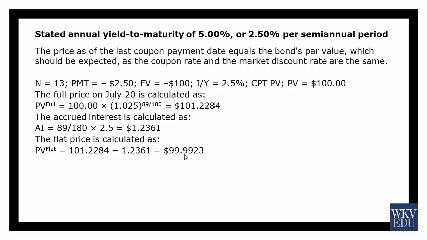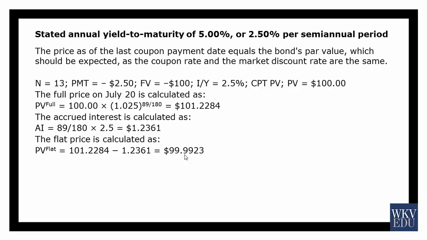The reason for this is that the accrued interest computation does not consider TVM. Accrued interest is the interest earned by the seller of the bond for the time between the last coupon date and the settlement date. In this case, 1.2361 per 100 of par value.